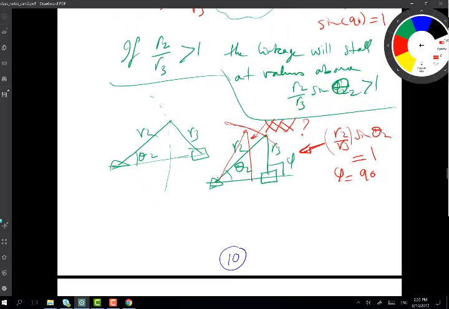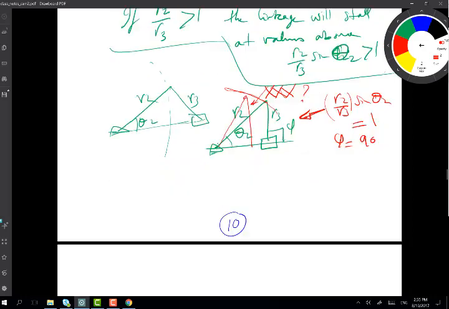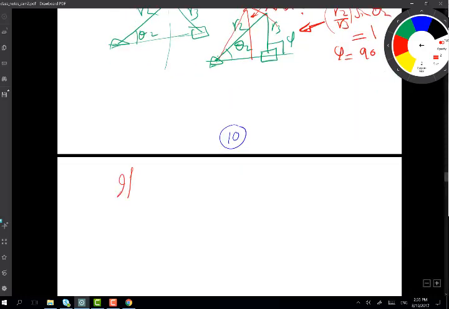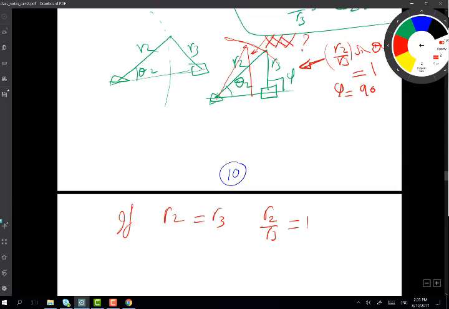If R2 was equal to R3, like R2 over R3 was equal to 1, what happens then?